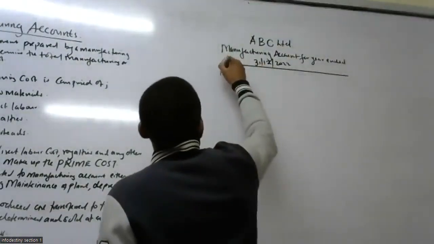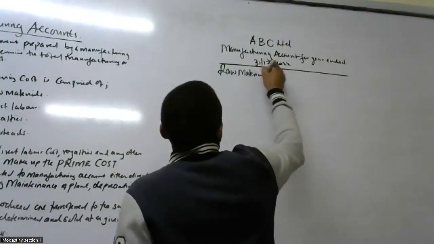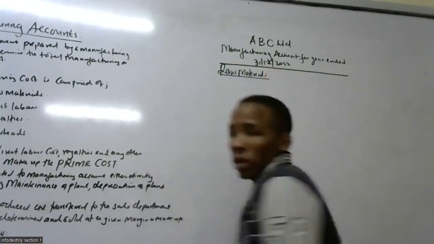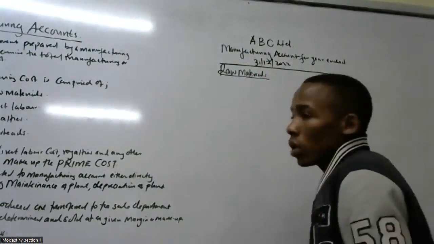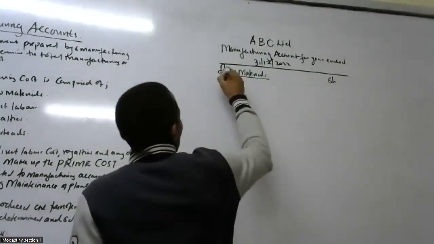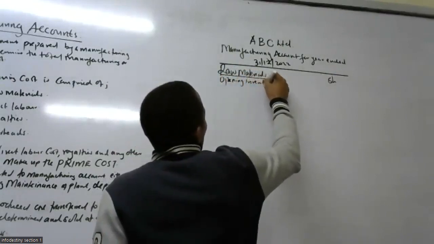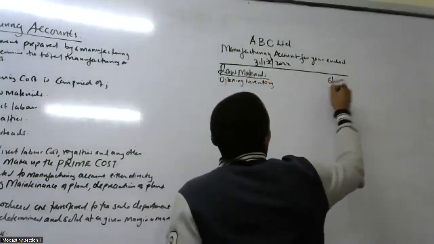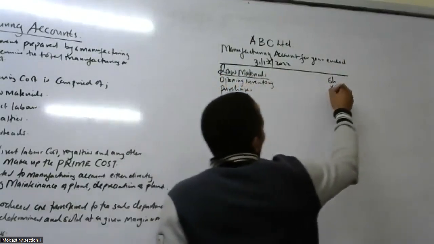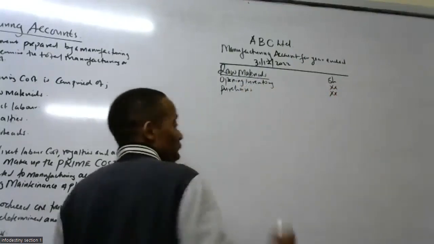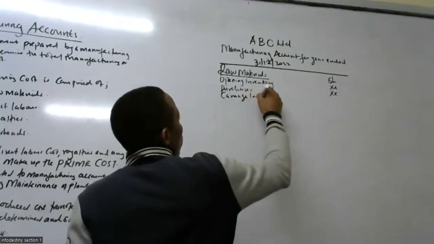So we start with the raw materials. You key in the opening inventory. You add purchases of raw materials. If there is any carriage inwards, you add that also.